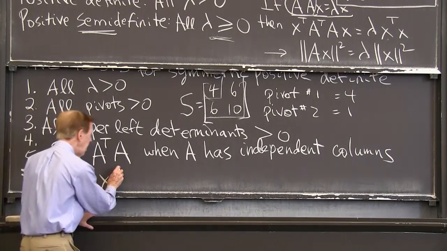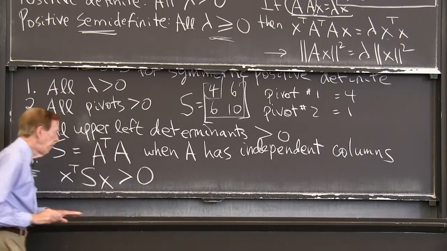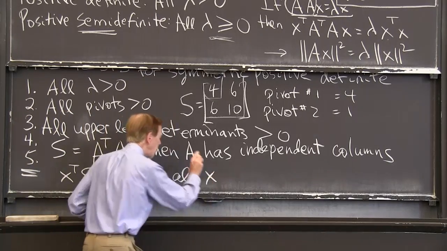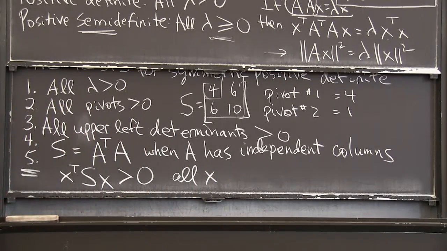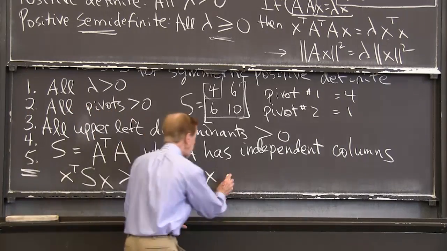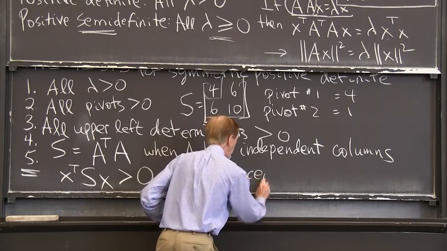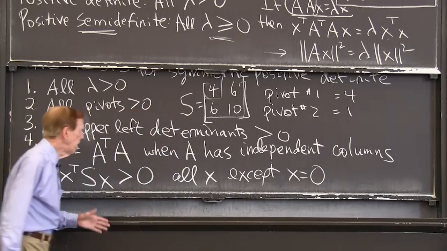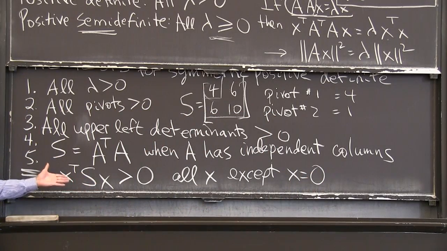And that number should be positive for all x. Oh, I have to make one exception. If x is the 0 vector, then of course that answer is 0. All x except the 0 vector. Okay, so that would be another test.